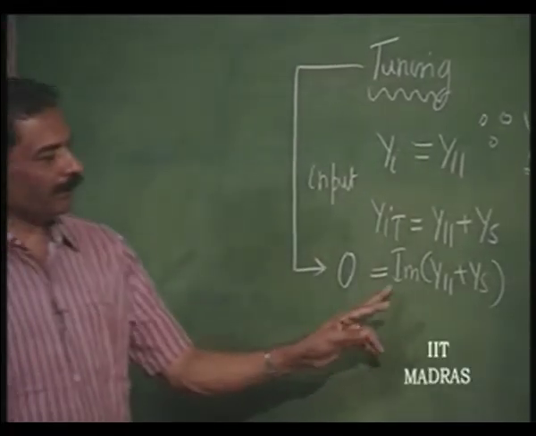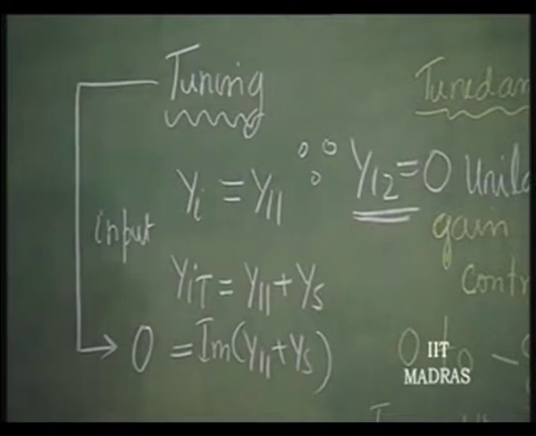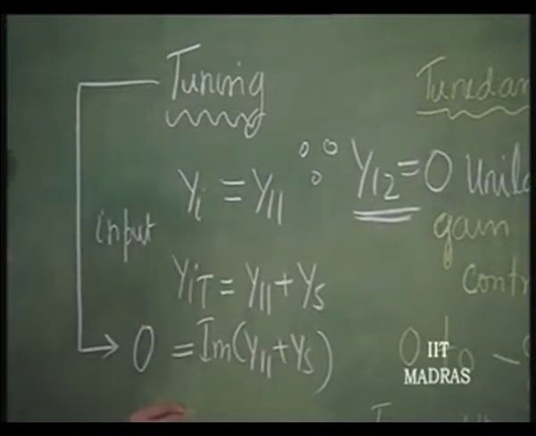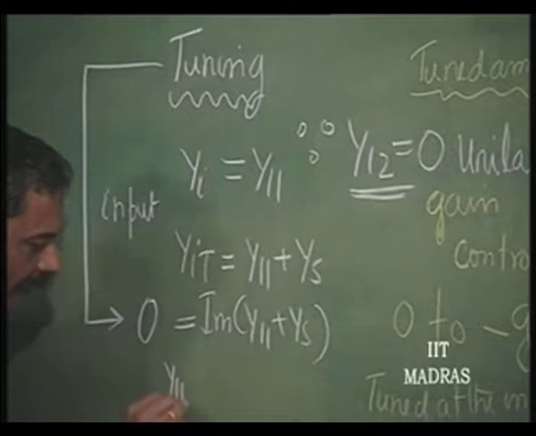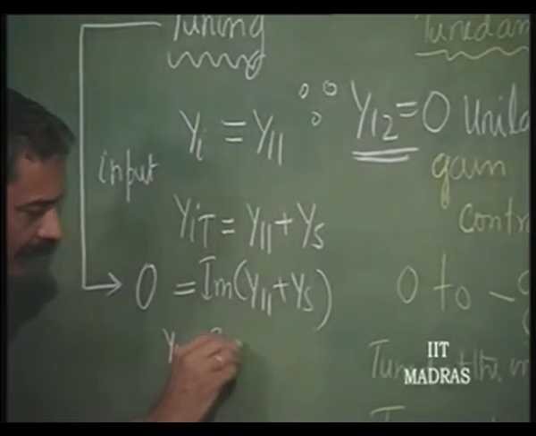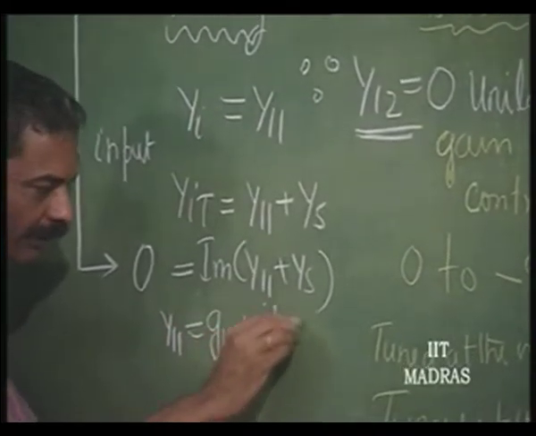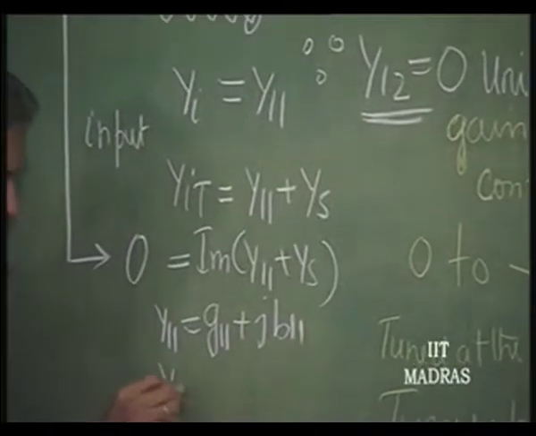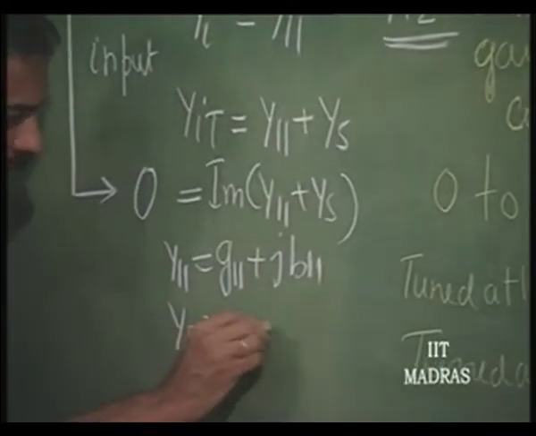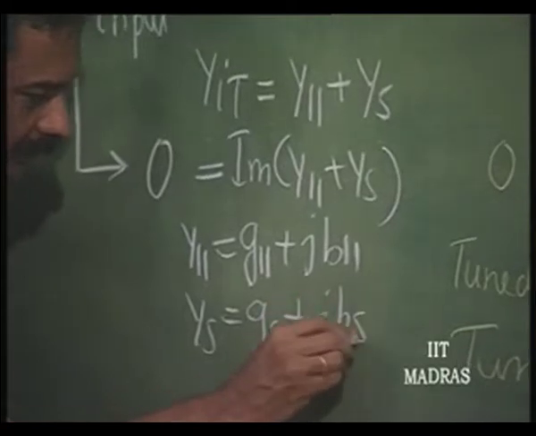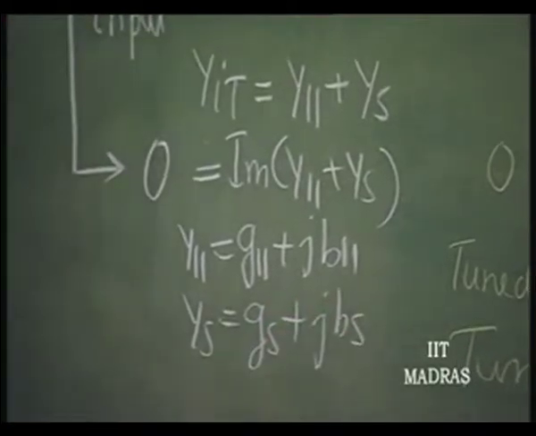Y11 can be represented as G11 plus j B11 and Ys can be represented as Gs plus j Bs. Then what is tuning?